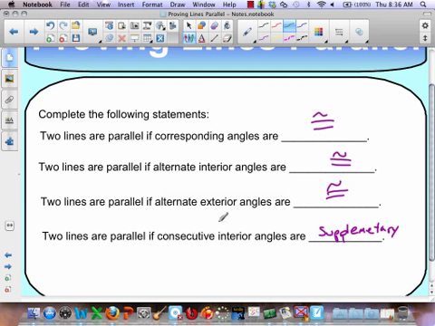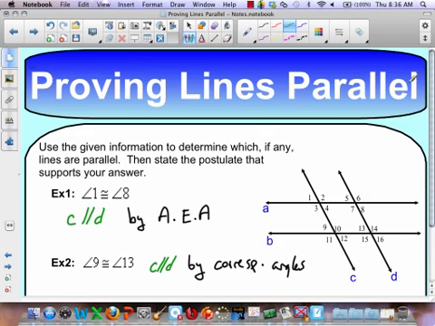Anywhere in there, do you see vertical angles? No, so vertical angles don't tell us anything about whether the lines are going to be parallel or not. So it has to fit one of these 4 types of angles. And if it doesn't fit one of those, then we cannot determine if they are parallel. They might be, but as Bailyn said, there's not enough information.